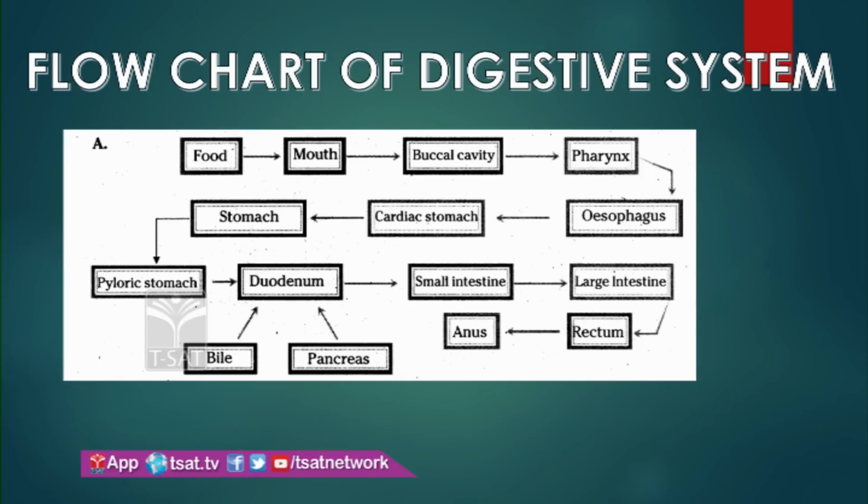Bile juice doesn't contain any enzymes, it directly acts on food, and pancreatic juice consists of three main enzymes. Those act on the food to convert it into simple molecules.